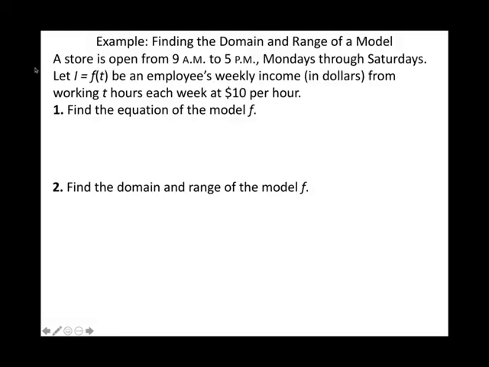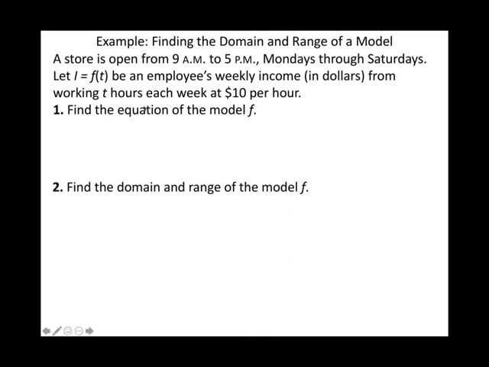Okay, example. A store is open from 9 a.m. to 5 p.m., Monday through Saturday. Let f of t be an employee's weekly income from working t hours each week at $10 per hour. Find the equation of the model f. So I want you guys to figure out what the linear equation is.